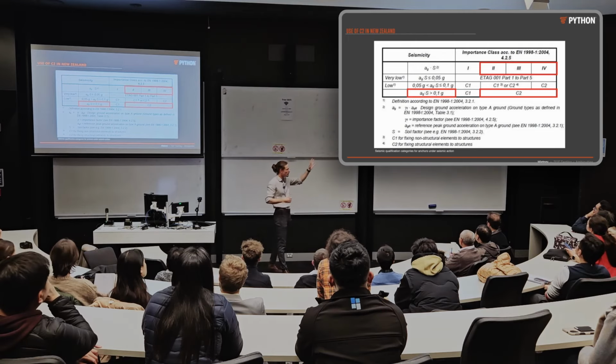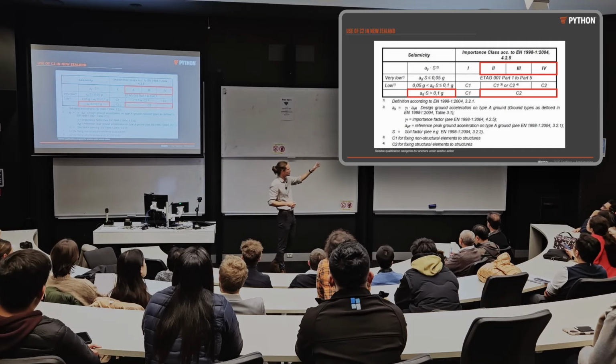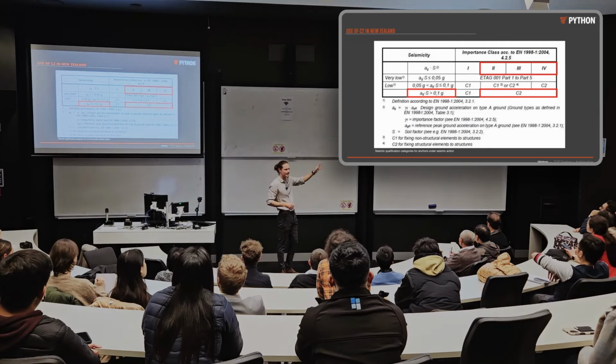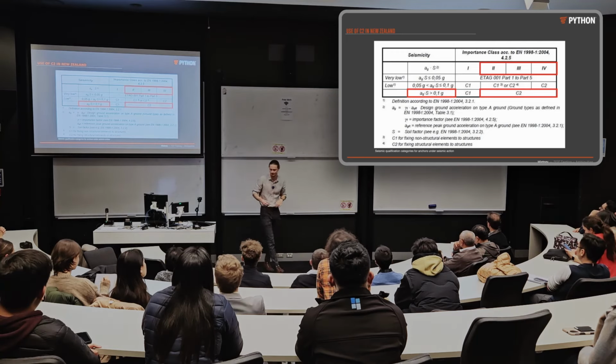A little bit of work has to be done to match our accelerations, but it's not too difficult. And really in New Zealand, we're largely talking about ground accelerations greater than 0.1 g, and so the vast majority of cases that most of us in this room are looking at, we're going to be using C2 capacities.